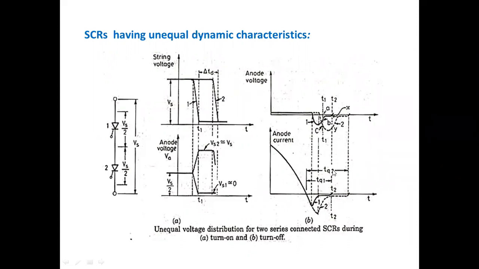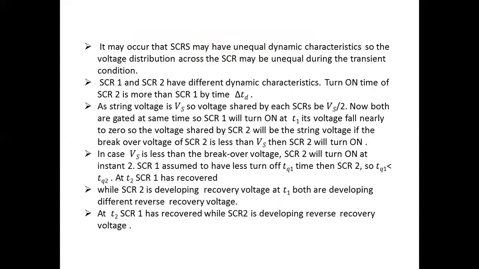During the turn on and turn off, the capacitance of the reverse biased junctions determines the voltage distribution.